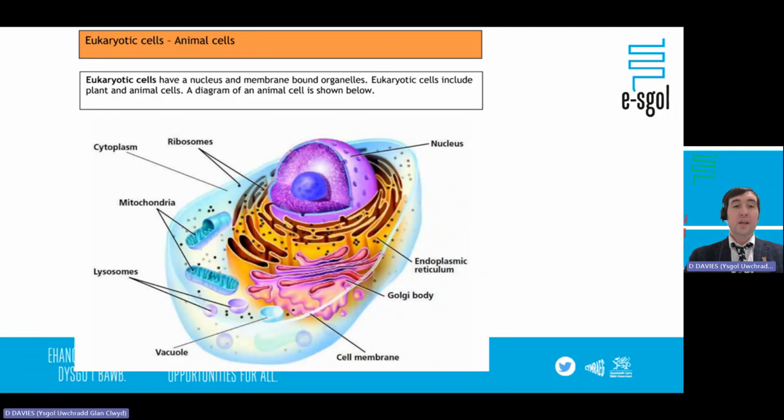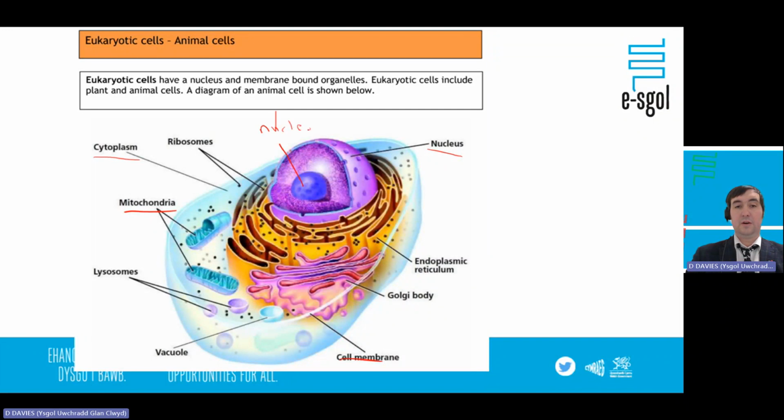So mitochondria, you probably remember. The cell membrane you remember, the nucleus, the cytoplasm obviously you remember, but now we have other things as well. You have your ribosomes, you have your nucleolus, which is not labeled there.